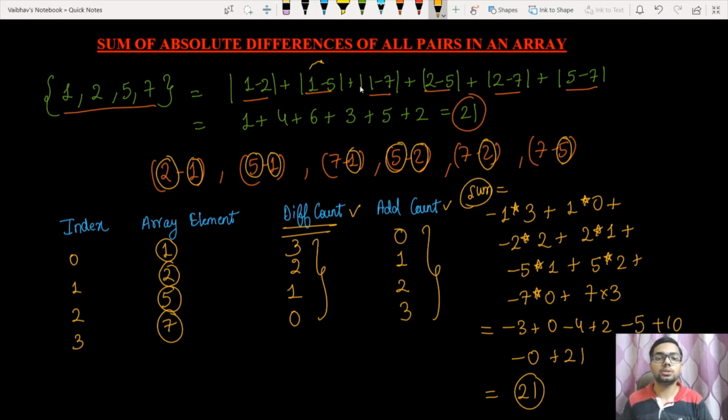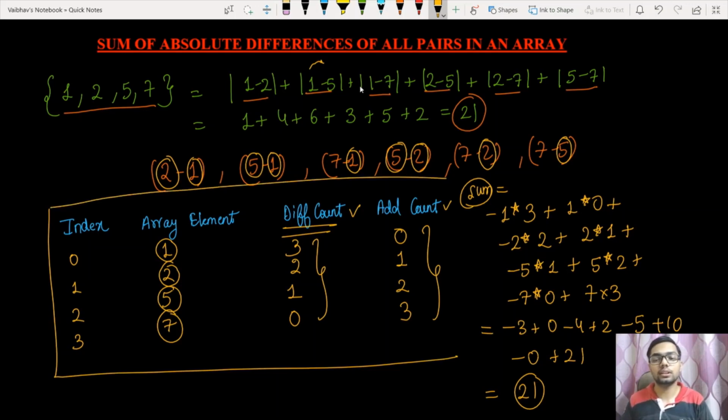So from this table which we have constructed, we can clearly find a pattern, or we can easily observe the number of times a particular element is being subtracted or added.